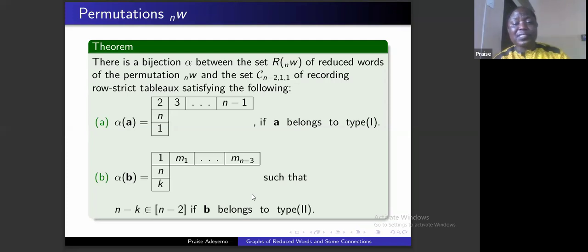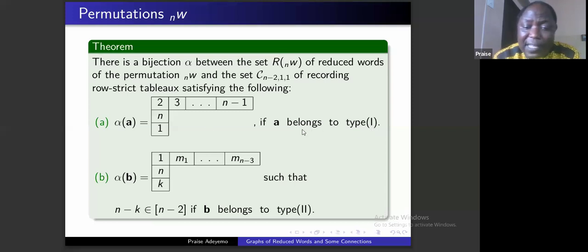So we said that some will start with n-1 and end with n-1, and so on. We have type 1, type 2, type 3. We can now put this in bijection with this, and that will look like this. So the bijection for alpha here is going to be of this form if it belongs to type 1.